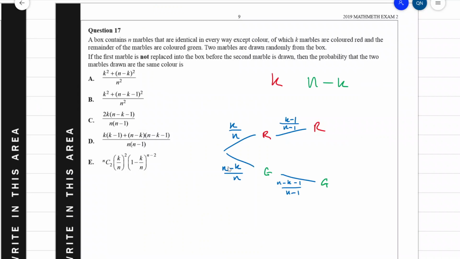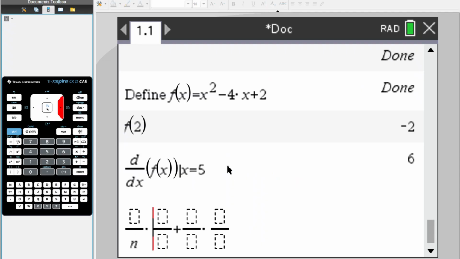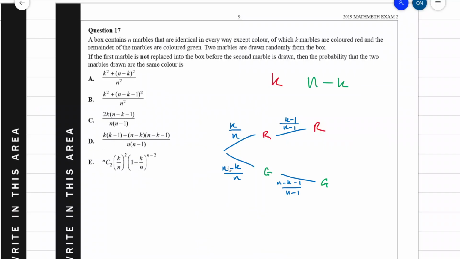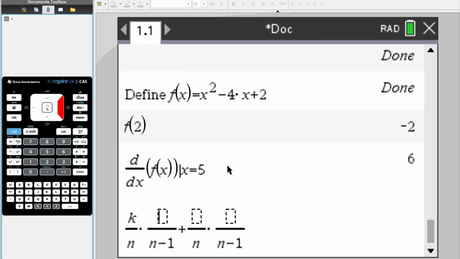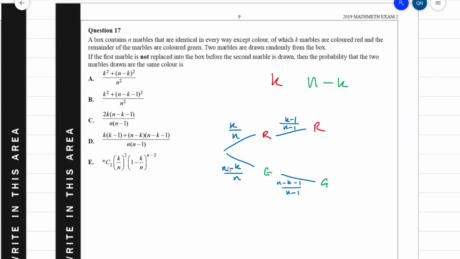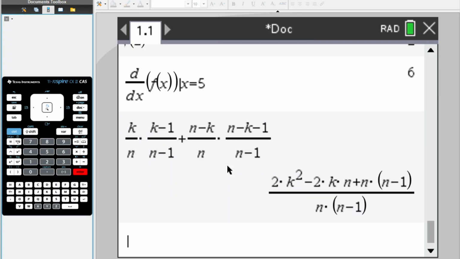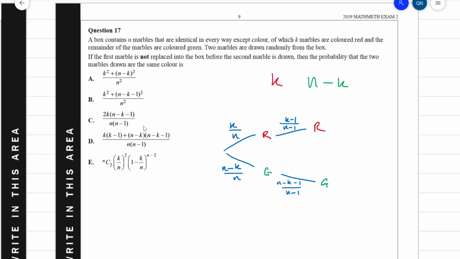We have n, and then n minus 1, and I believe that's the same for the other term as well. So n, and then n minus 1. And for the first term, let's take that to be the red. We're going to do k, and then times k minus 1. And then we'll do n minus k, and then n minus k minus 1. Does that simplify nicely for us?